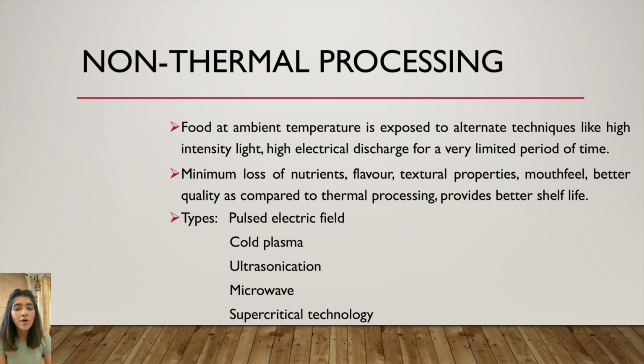Here, minimum loss of nutrients, flavor, texture, mouth feel, etc. is seen, and this also provides better shelf life. Now here the types are pulse electric field, cold plasma, ultrasonication, microwave, and supercritical technology. Now today we would like to study here cold plasma.